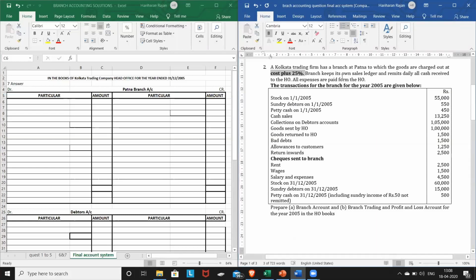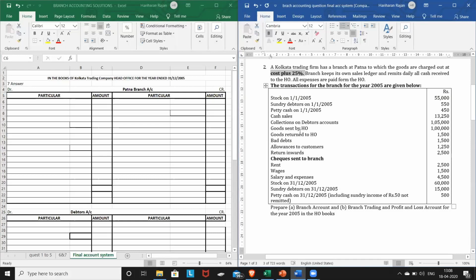Branch keeps its own sales ledger and remits daily all cash received to the head office. All the expenses are paid from the head office. So what are the transactions taking place between head office and branch? There's opening stock, opening debtors, petty cash, cash sales, collection on debtors account or ledger account. You can understand in both ways.